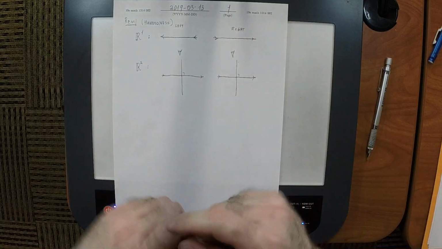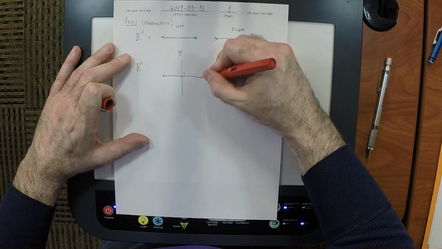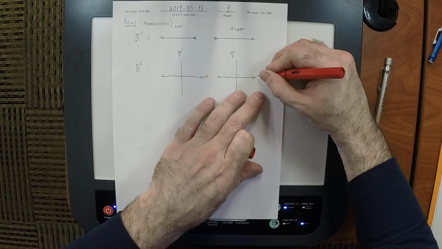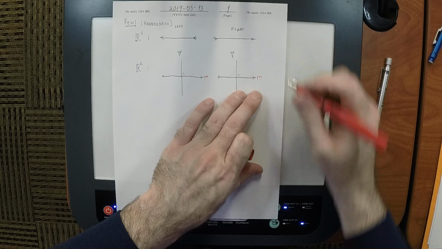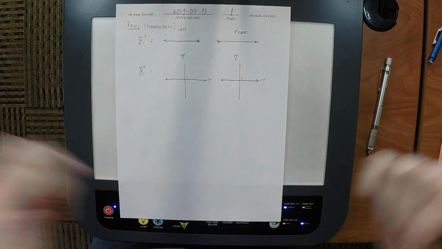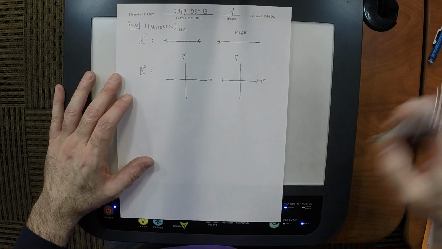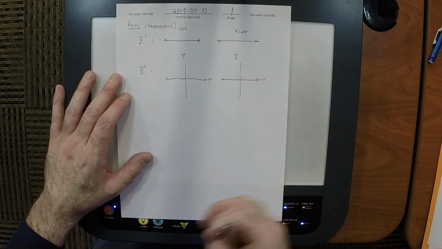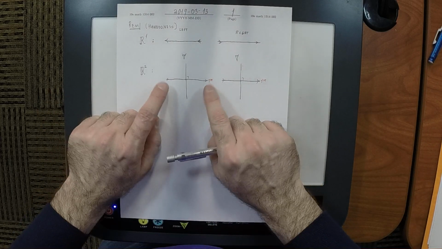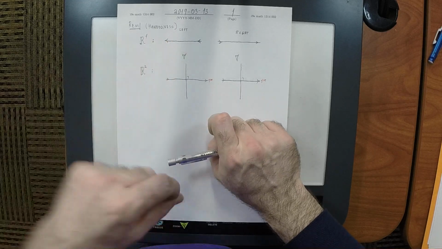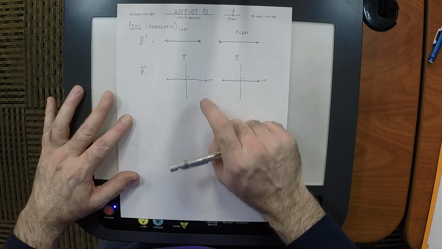And this one is going to be the first axis. Most of the time there are going to be two variables, and very often they're going to be called x and y, so we'll refer to this one as the x-axis and that one the y-axis. But for now, just first axis and second axis.